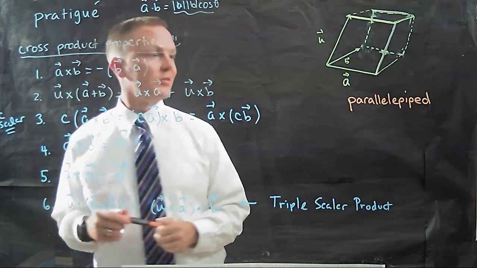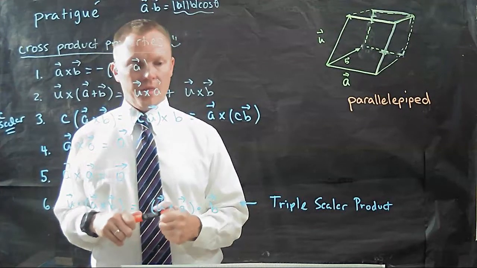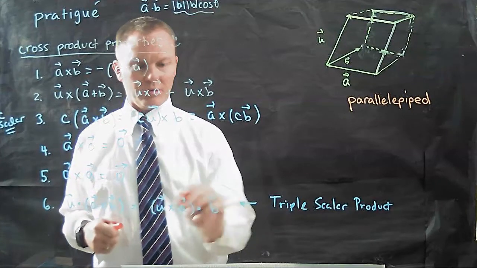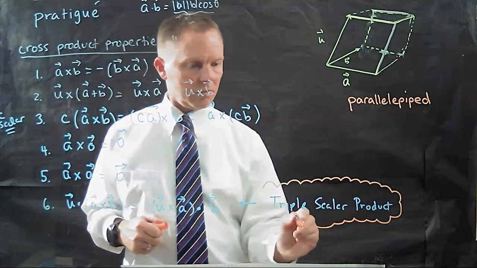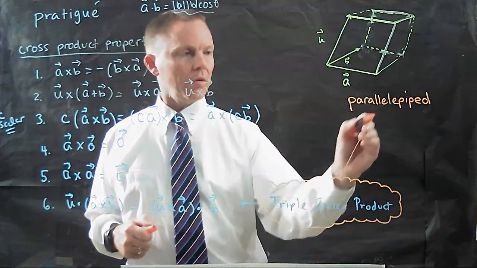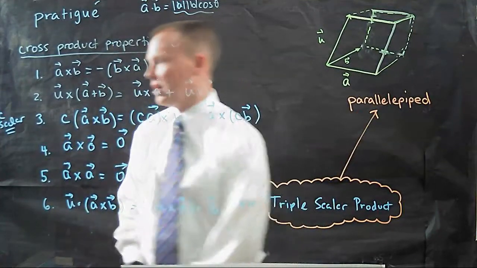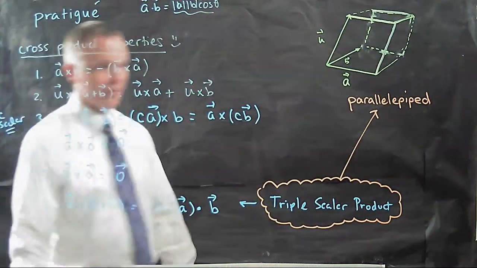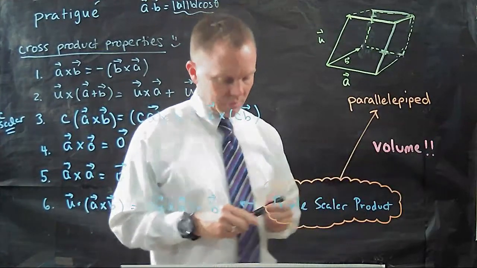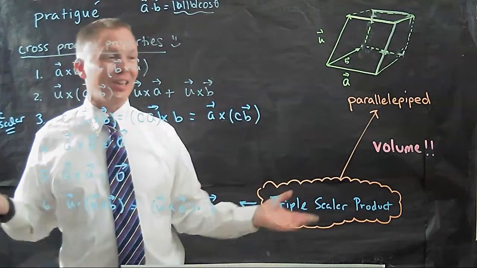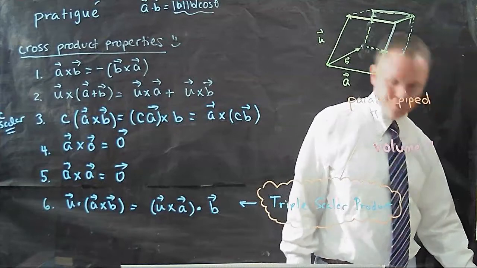It turns out that the triple scalar product is the volume of that parallelepiped. It's just kind of neat. I'm not sure how useful that is. I don't feel like we use that a whole lot, but it's kind of neat.